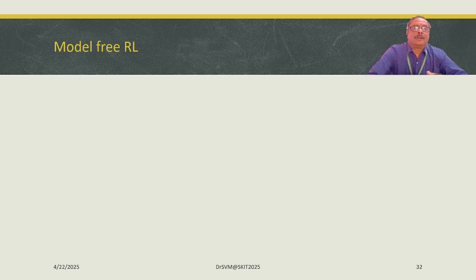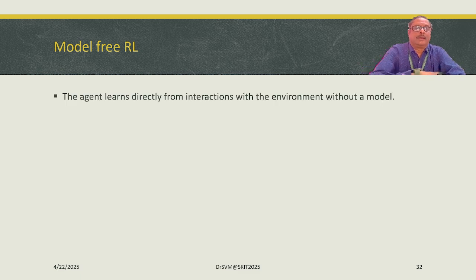Then model-free reinforcement learning. Here, we don't create any mathematical model for the environment. The agent directly starts interacting with the environment, and there is nothing like a model. It just sees which state the environment is in and takes some action.